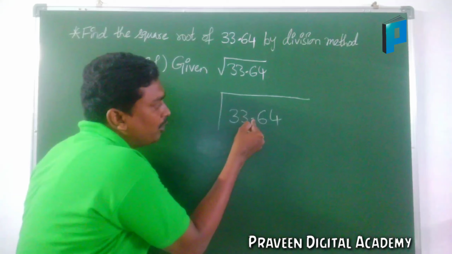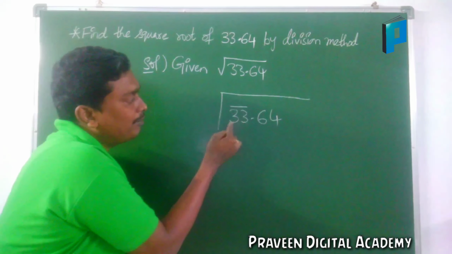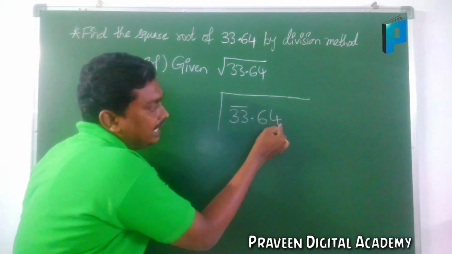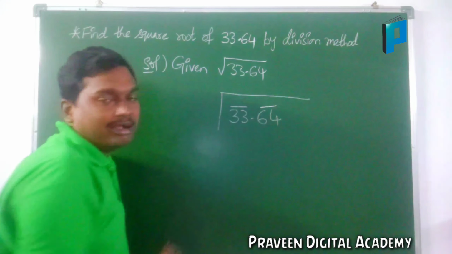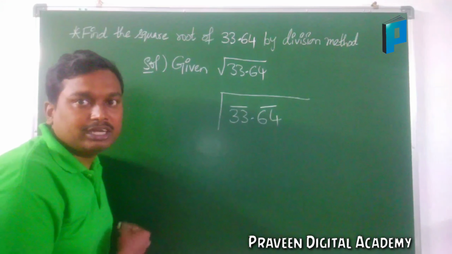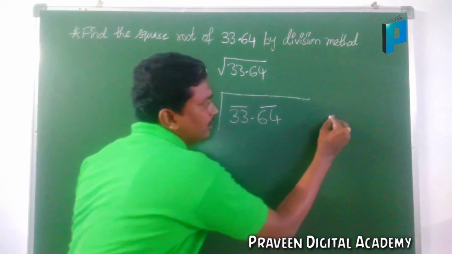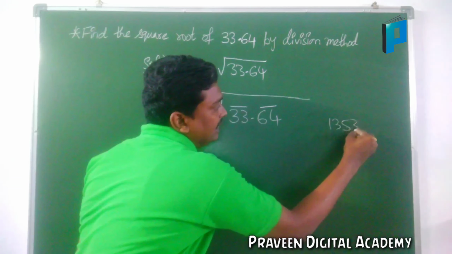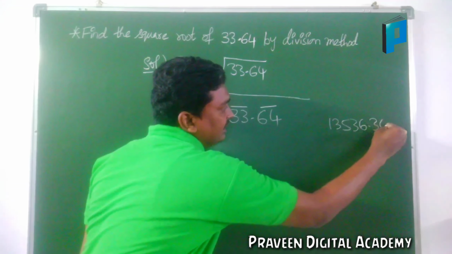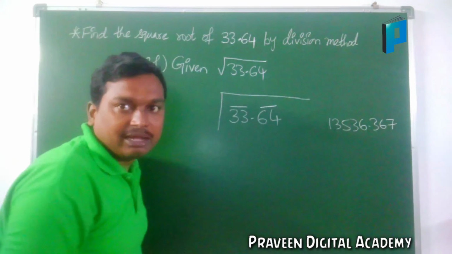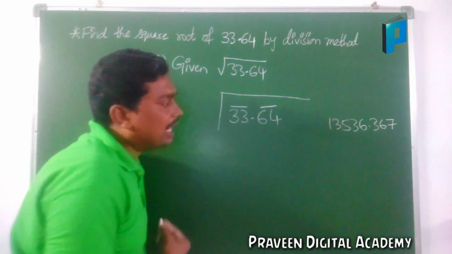decimal. Here a point is there, so I will keep a bar for these two numbers, and after the point you are having two numbers. I kept a bar for the two numbers. If you are having a number like 13536.367, we will take bars like this.